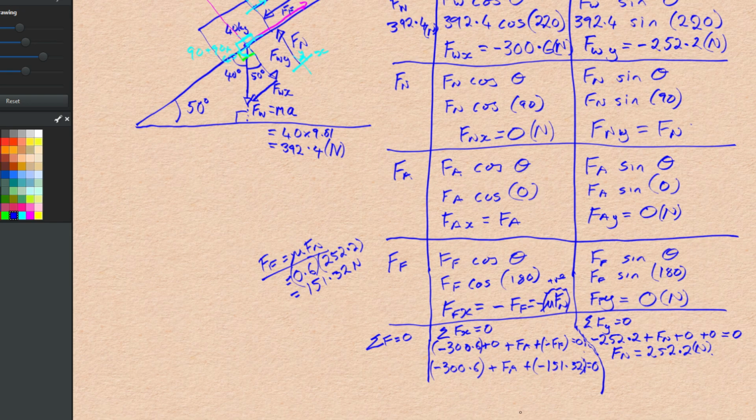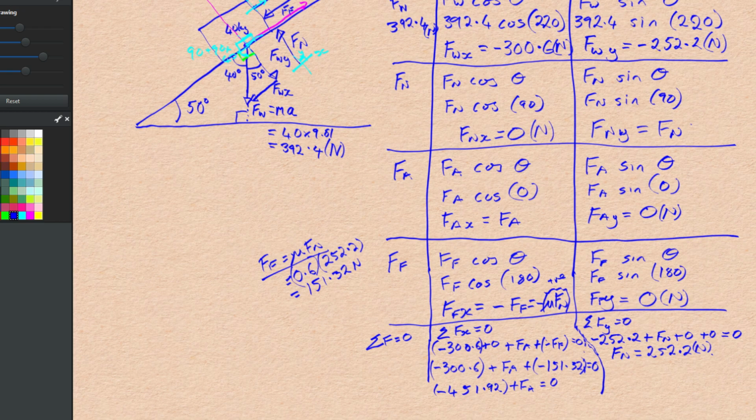Let's add these two numbers together. Plus 300.6 is minus 450. I'll leave all the decimal points here, and then I might round it as my last change. Plus Fa equals 0.